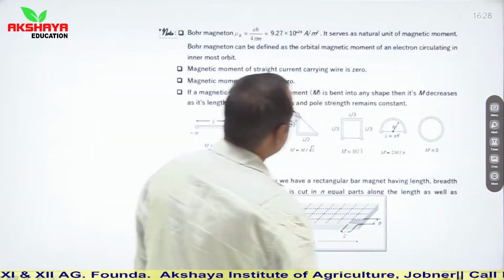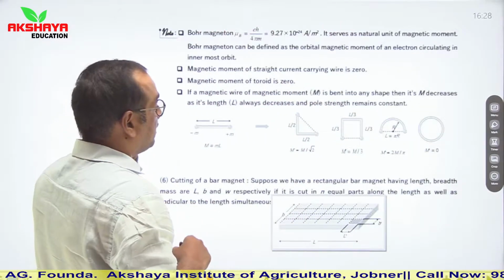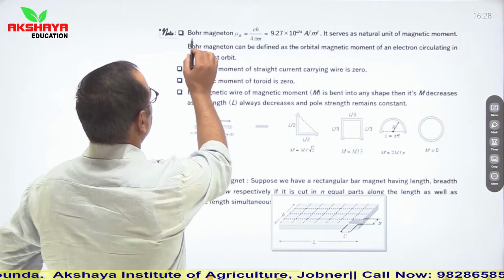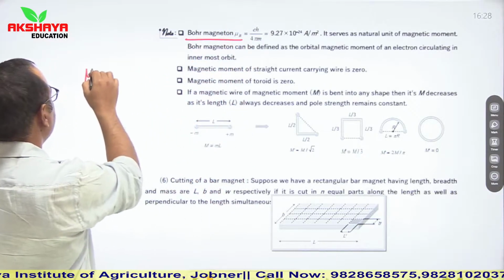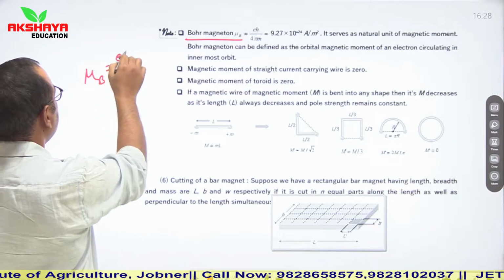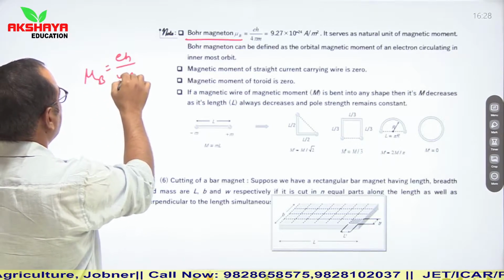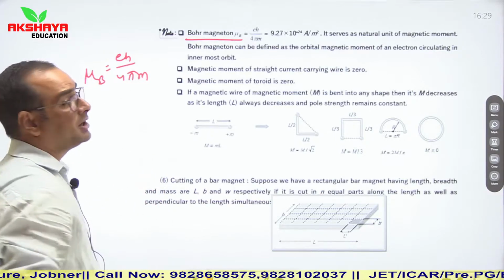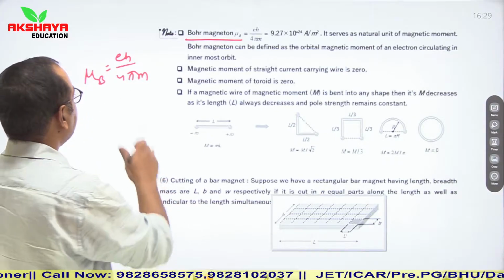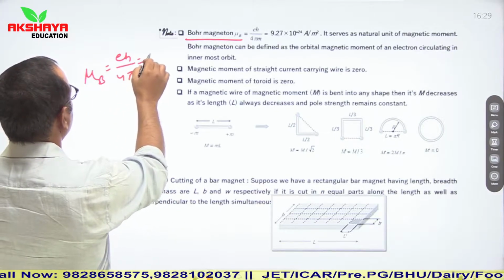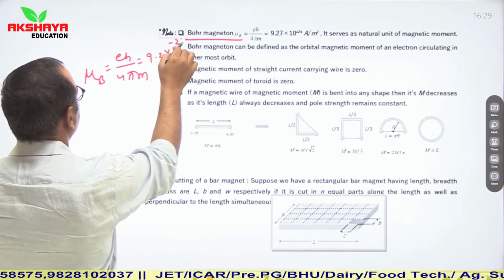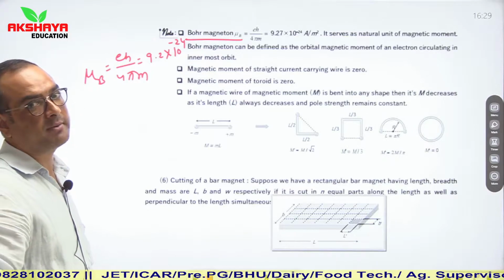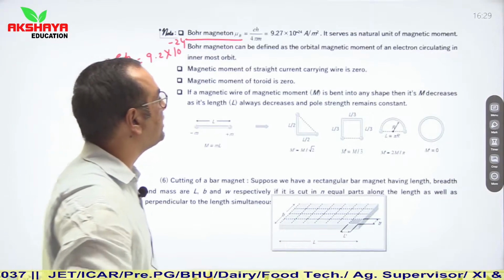Now see next, Bohr magneton. The Bohr magneton is represented by mu b, which is eh upon 4 pi m. Its value is almost equal to 9.2 into 10 to the power minus 24 ampere meter square.